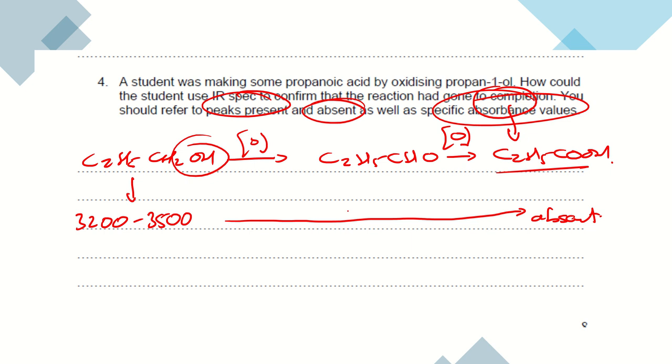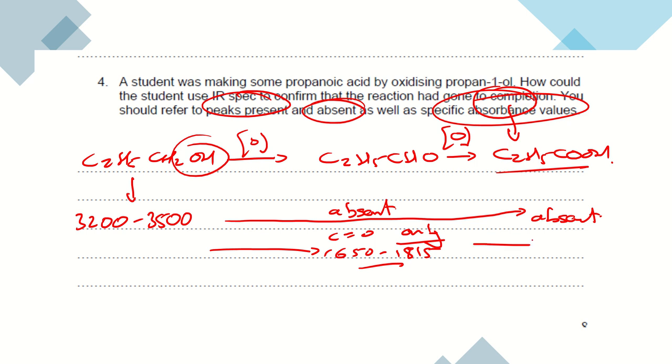In fact, even if it's gone to mild oxidation to the aldehyde, you would also mention that peak has now gone. It's absent. Now, if it has only gone to partial oxidation, you would make mention that you will now have a C=O peak, but you will only have that. That C=O peak is around 1650 to about 1815 on the table from earlier. So that's if it's only gone to partial.